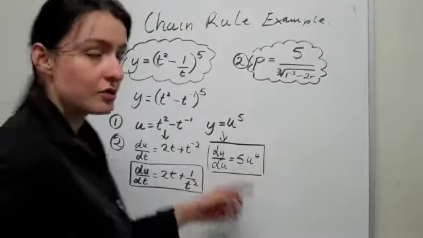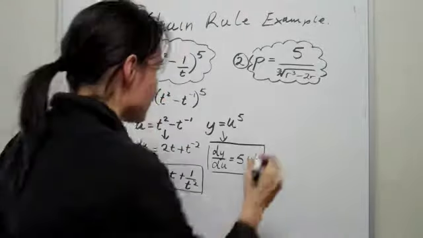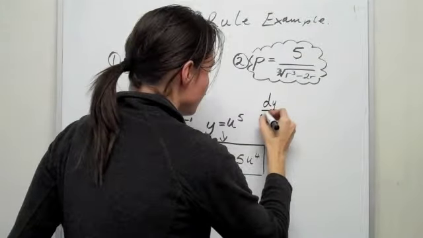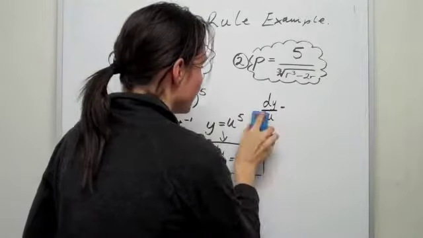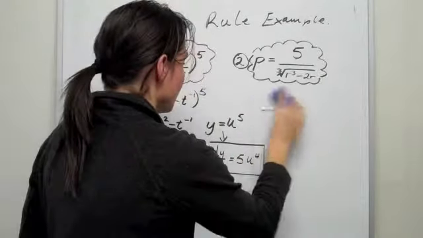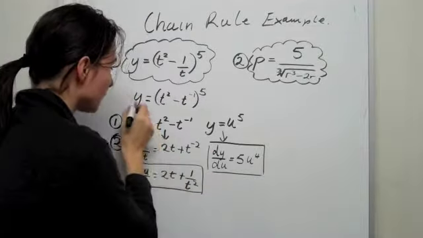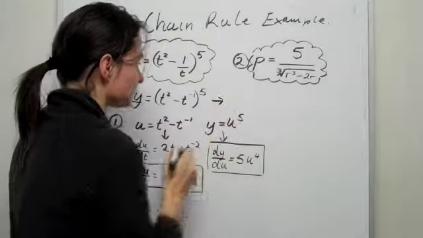Okay, so we have our two differentials, and finally we set up our chain. So we basically have to go dy over du. Sorry, that's not what we're looking for. Remember, last time I asked you to identify what you're looking for. We're trying to differentiate y in terms of t. Excuse me.